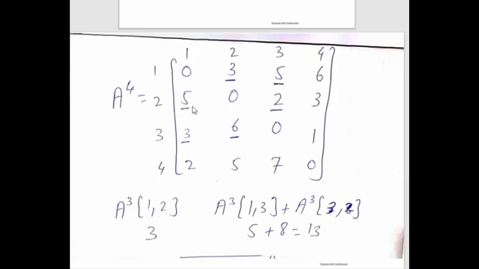The rest of the distances we have calculated are 2 to 1, that is 5, 2 to 3, that is 2, 3 to 1, that is 3, and 3 to 2 is 6. So this matrix will give us the all pairs shortest path, right? So this was how we calculated the all pairs shortest path.